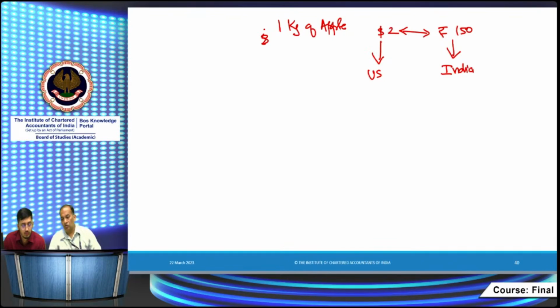Now, as per this theory, parity means equality.